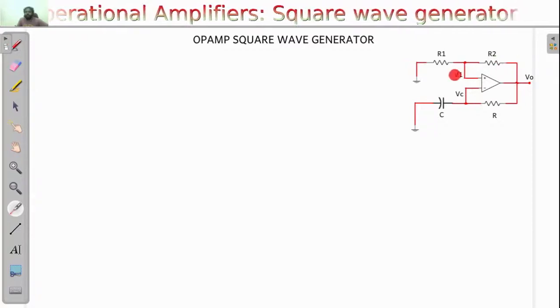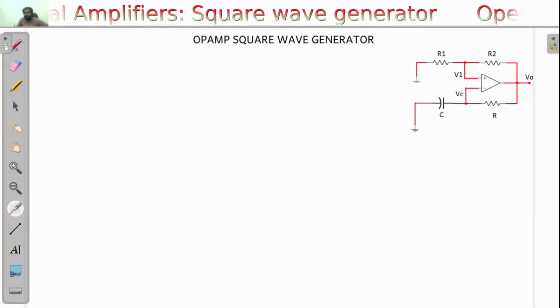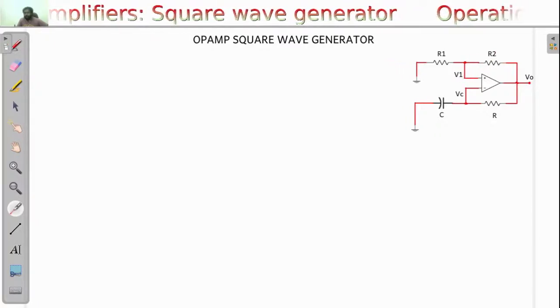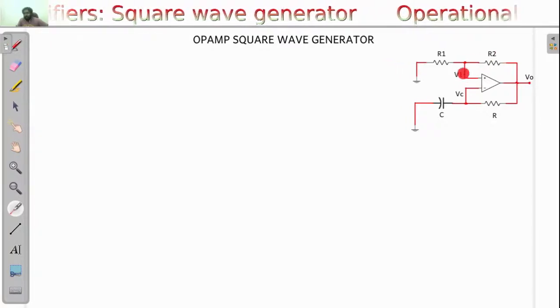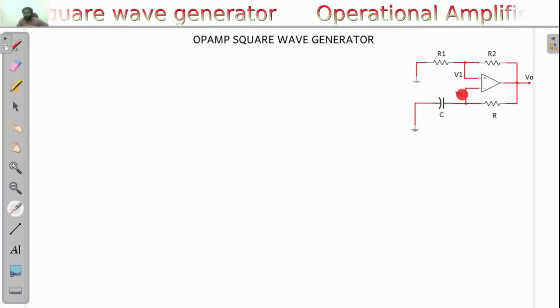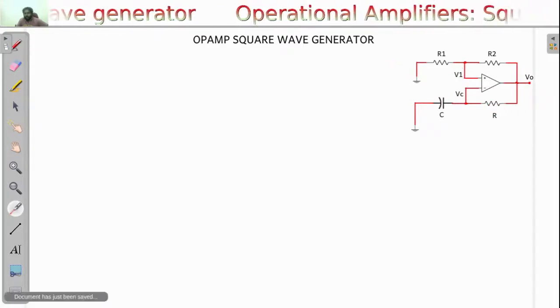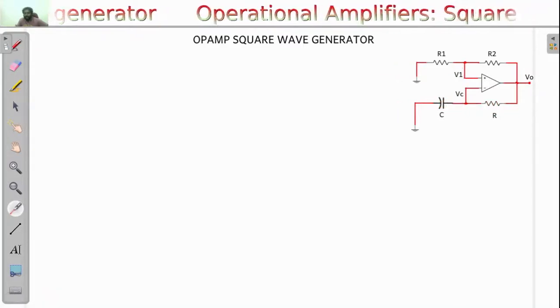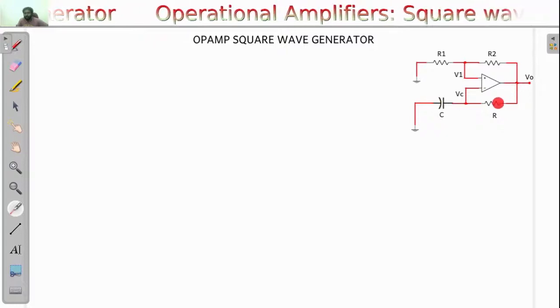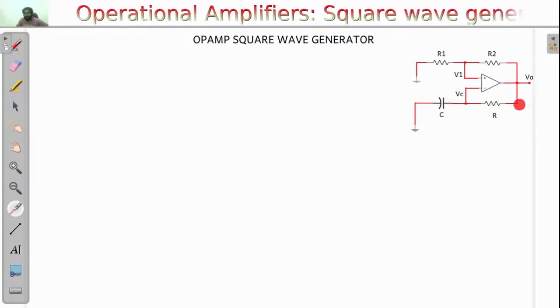And here V1, when VO is at negative saturation, becomes a negative voltage. So it will be waiting for a condition where the capacitor's voltage will go just below V1 by charging to a negative voltage.